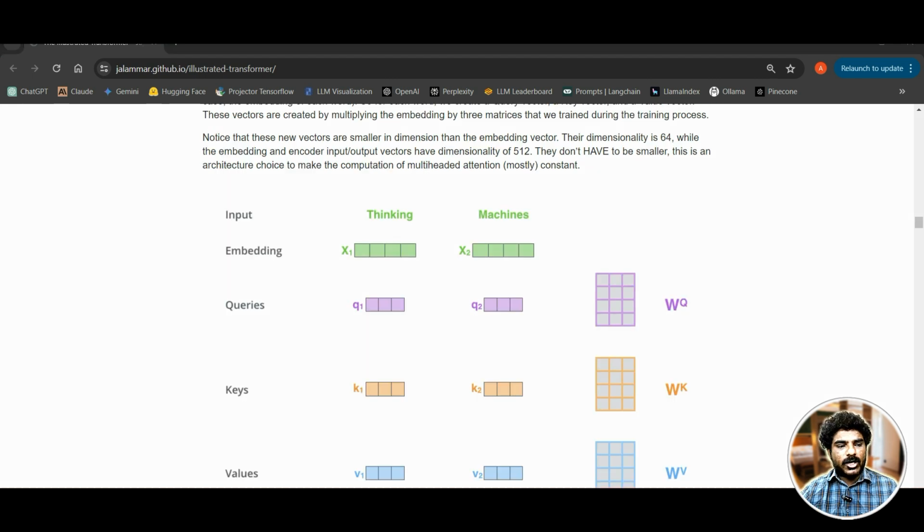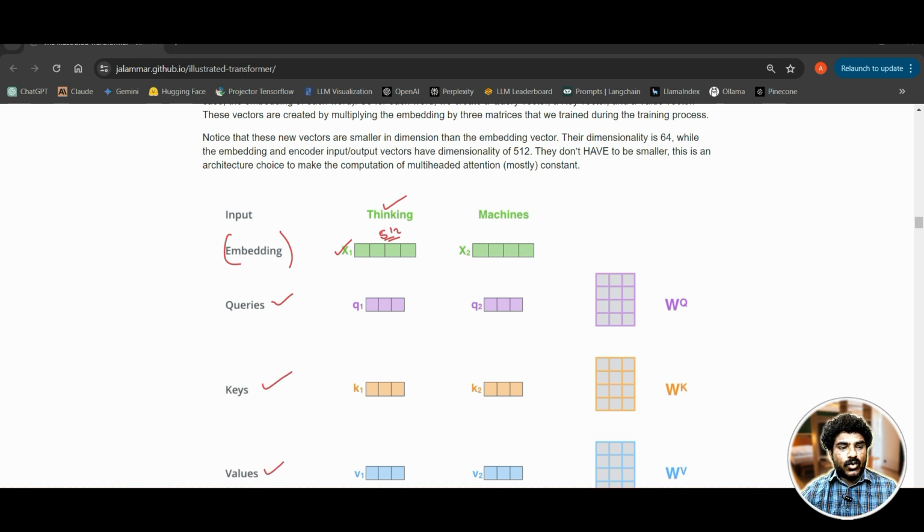In the first step, you take the input, which is a text or a word, and that word is converted to x1, some kind of 512 size vector, by using an embedding algorithm. Next you create three different vectors: the query vector, the key vector, and the value vector.